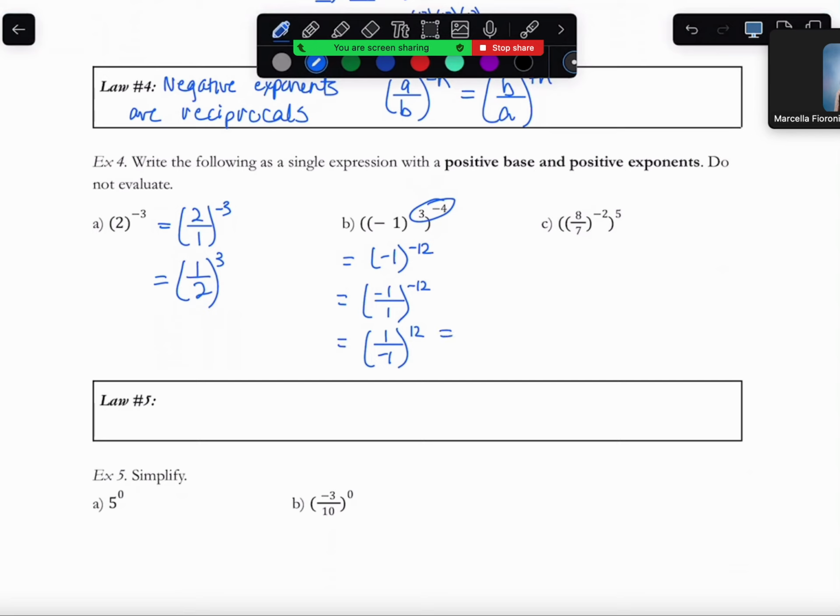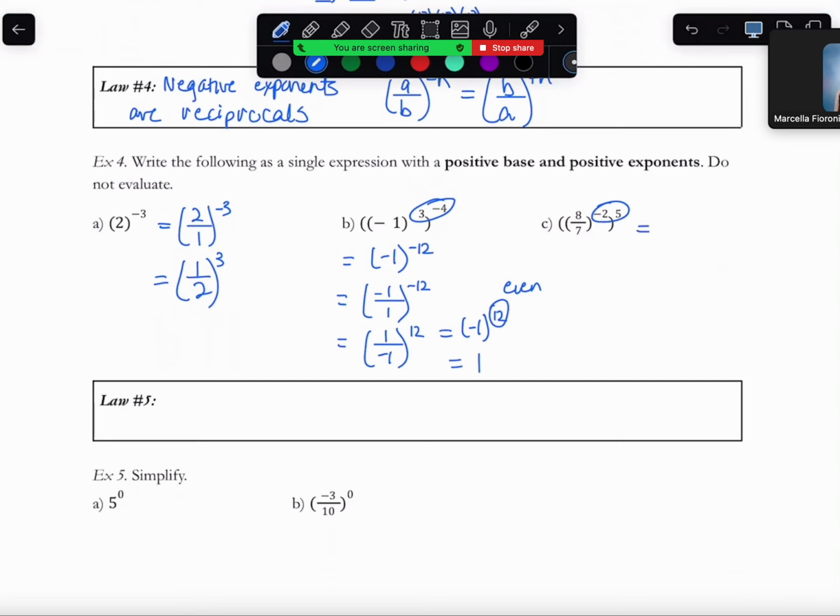But this ends up just being negative 1 to the power of 12. And we said that negative bases to the even exponent, we're going to have an even number of negatives multiplying each other, so the negative is going to go away. And because it's 1, the answer here is just very simply 1.